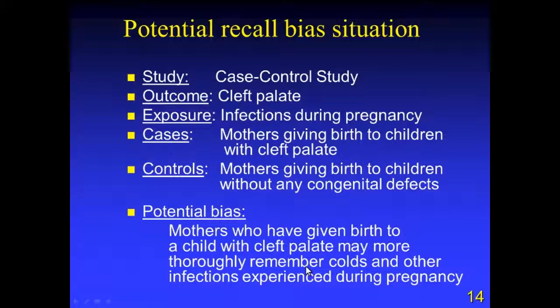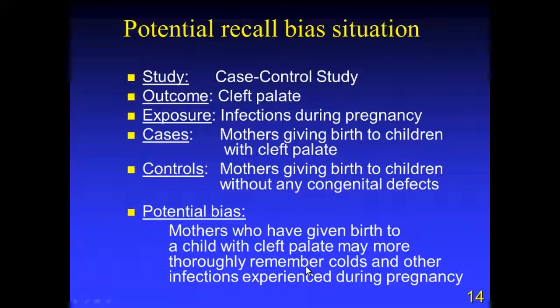A situation where recall bias might occur is, say, if we were carrying out a case control study of a particular birth defect, which in this case is cleft palate, and our study question was whether or not infections during pregnancy could have given rise to the cleft palate. We might be using children without congenital defects as a control group.